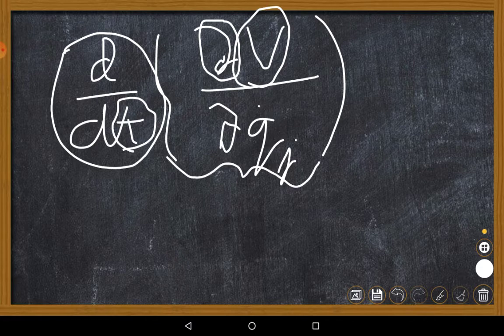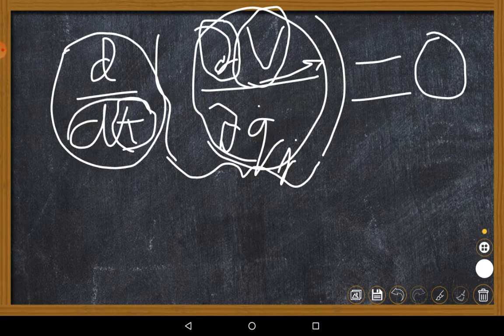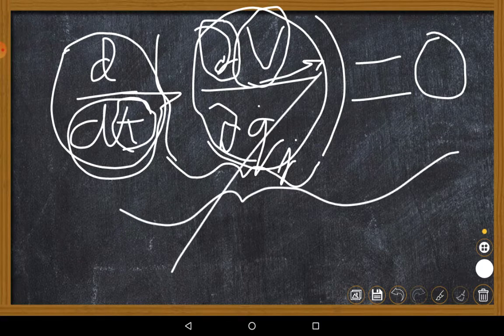The del has got nothing to do with that. It simply means variation of potential energy. In simple words, this is zero, because for mechanical systems, this potential energy is not a function of any kind of velocity or time. So therefore we cannot differentiate this expression with respect to dt as our reference. So this becomes zero for mechanical systems.